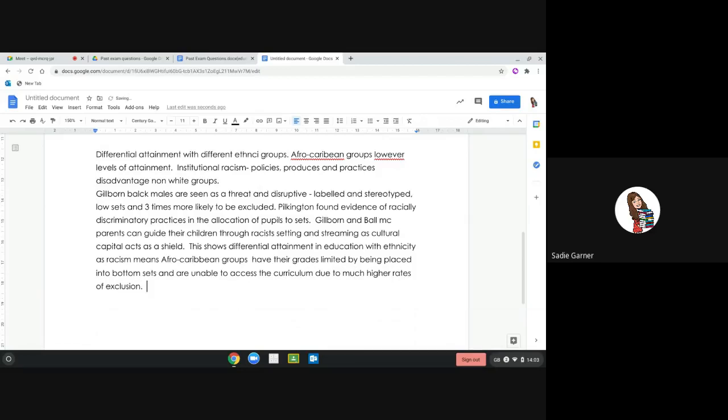Can't learn the curriculum if you are excluded. So this shows differential attainment in education with ethnicity, as racism means Afro-Caribbean groups have their grades limited by being placed into bottom set and are unable to access the curriculum due to higher rates of exclusion.